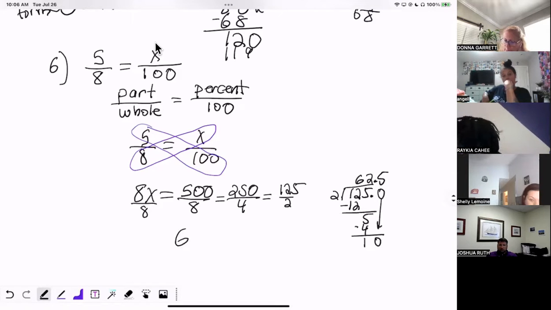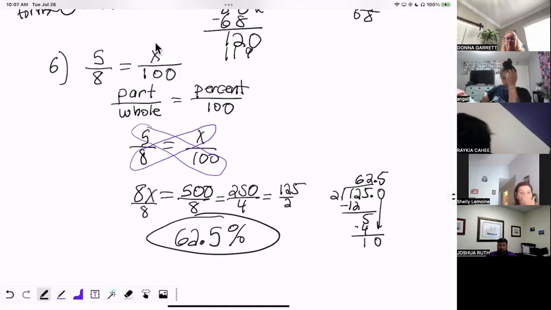So this answer would be 62.5%. That's how you do it with cross multiplying and proportion. The whole next section is about this, how to do percent with proportion, so we're going to work on these in the next sections.